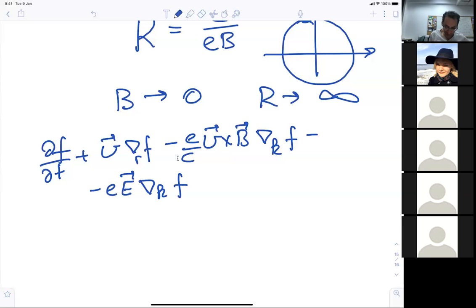That's the part that's coming from the electric field, and all this is equal to the collision integral.